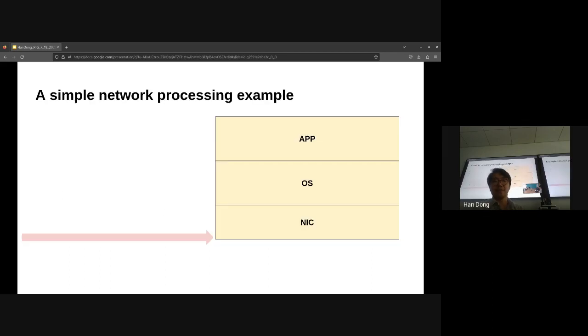To start this talk, I'm just going to give you a simple example of network processing, how it happens on a single machine. It's a very simple idea. You have a machine, you have your NIC, which is the network card. That's the device that handles packets coming in.